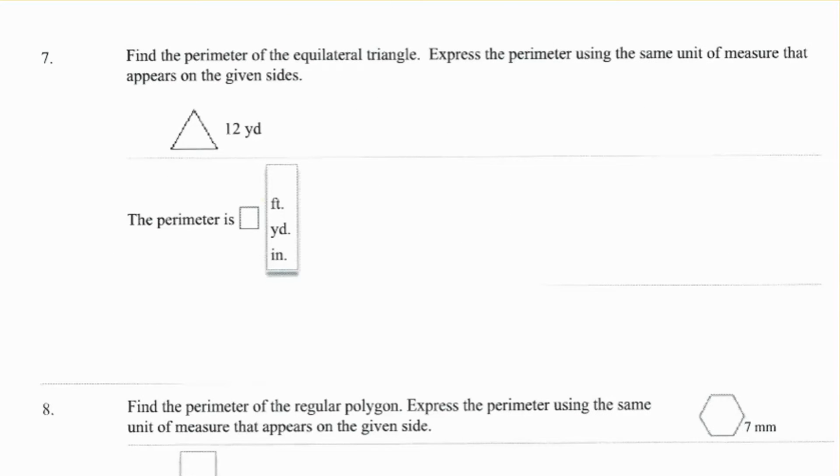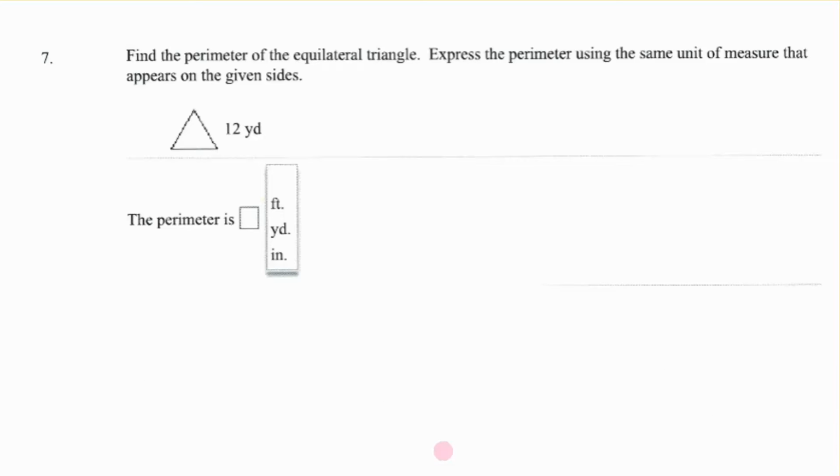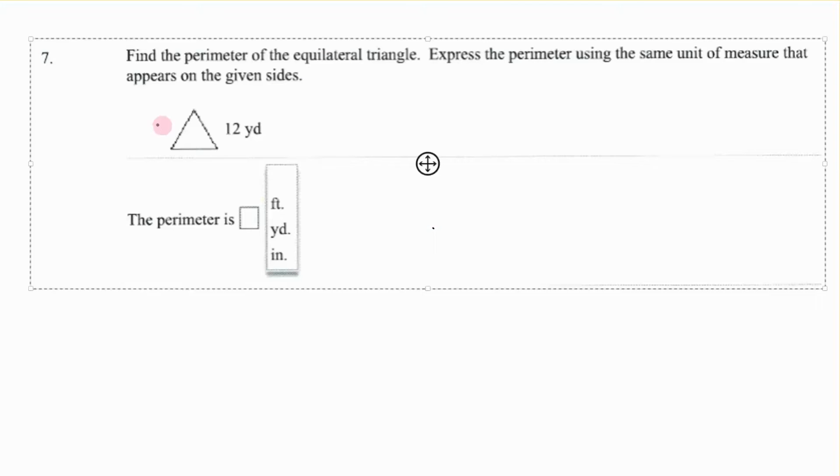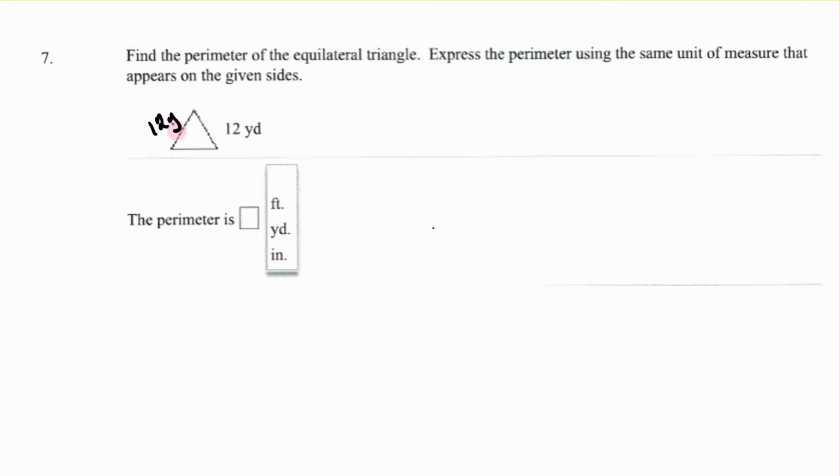Number 7 says find the perimeter of the equilateral triangle. Remind you of what an equilateral triangle is. It is a triangle where all 3 sides are the same length. So this triangle is 12 yards, 12 yards, and the given 12 yards.